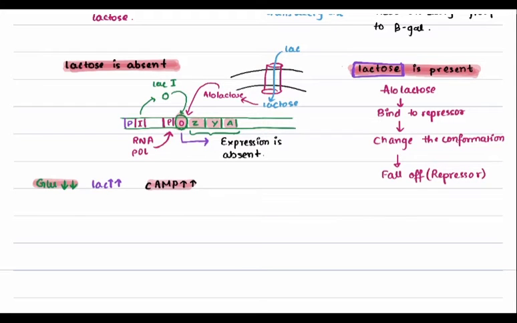So when cyclic AMP is high, there is a protein called CRP, which is the cyclic AMP response or cyclic AMP receptor protein. So this CRP basically binds cyclic AMP.